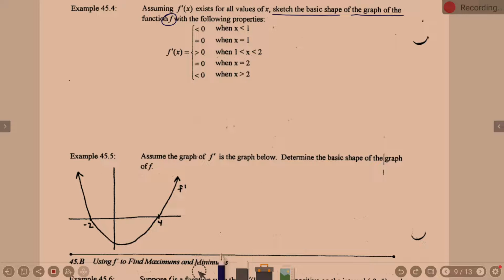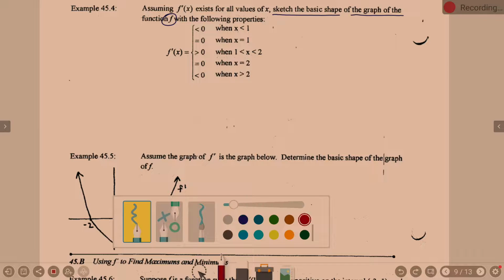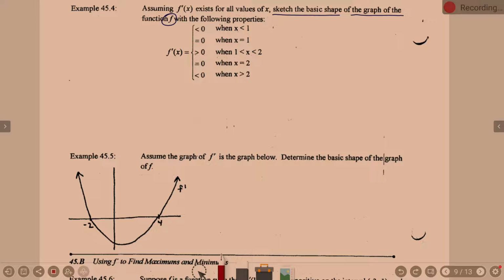So, f prime of x is less than 0 when x is less than 1. Less than 0 is a fancy mathematical way for saying negative. So when the derivative is negative, what is my actual graph doing? Decreasing.